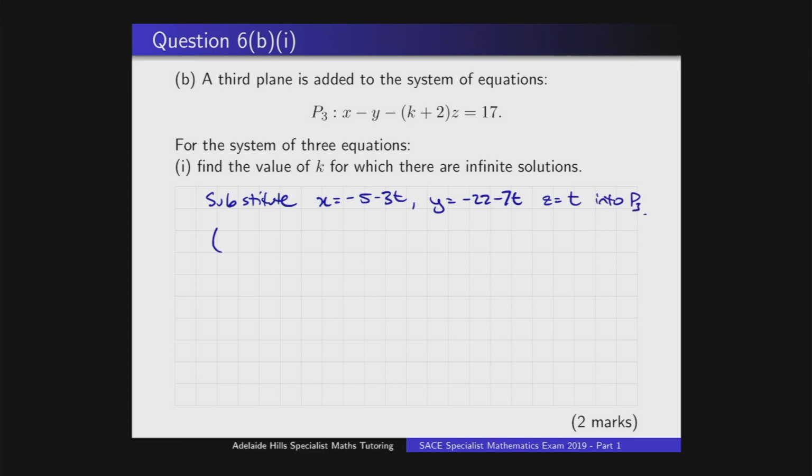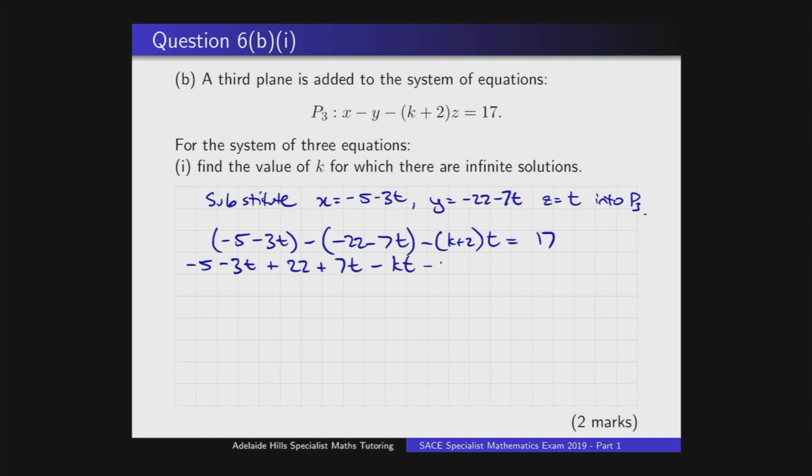Okay, so we're going to get minus 5 minus 3t minus 22 minus 7t minus k plus 2 times t equals 17. Okay, so now let's expand these terms out. We're going to get minus 5 minus 3t plus 22 plus 7t minus kt minus 2t equals 17.